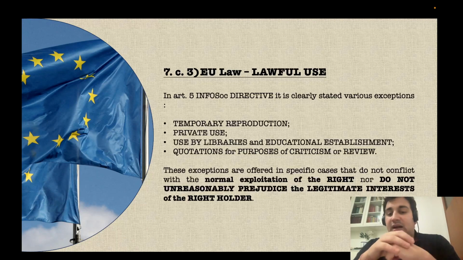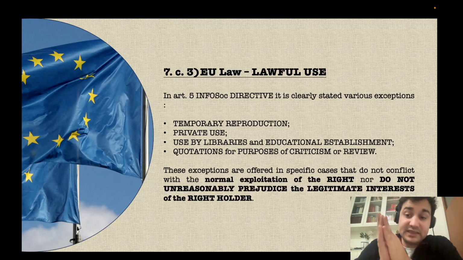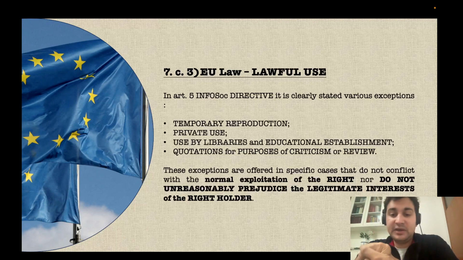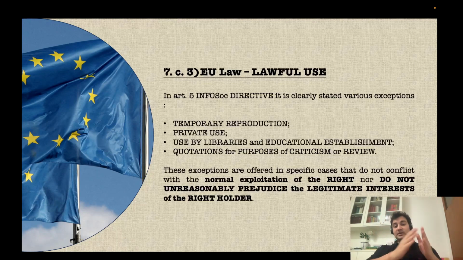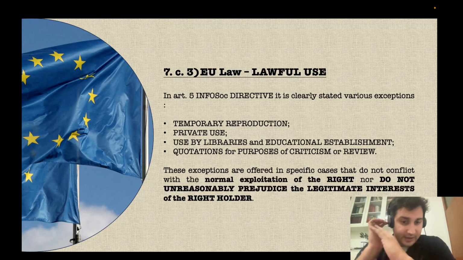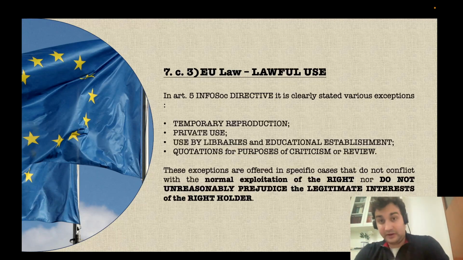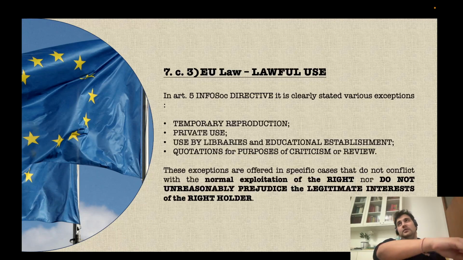These exceptions are offered in specific cases and shall not conflict with the normal exploitation of the right, as well as not unreasonably prejudice the legitimate interest of the right holder. It's clear that this one is taken from Article 9, paragraph 2 of the Berne Convention. Right? If you remember that we talked about this.